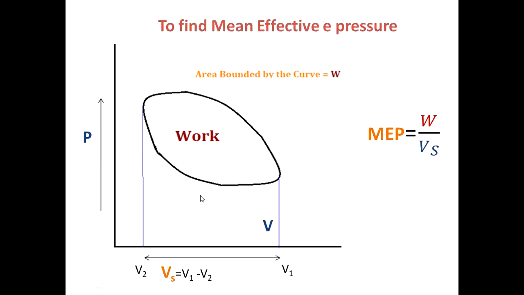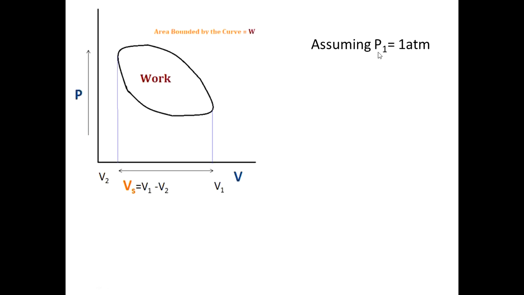Otherwise, the mean effective pressure can be found using the equation derived for the diesel cycle, but that is a very lengthy formula to remember, so you can go for this easy method. Assuming the given pressure is 1 atmospheric pressure, P1 is equal to mRT1 by V1.